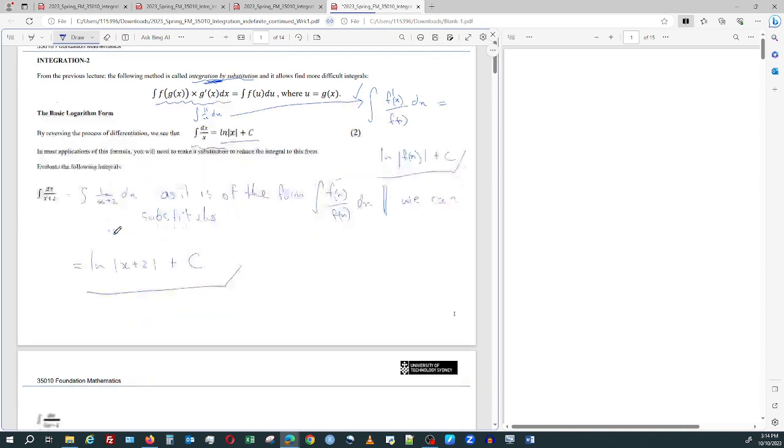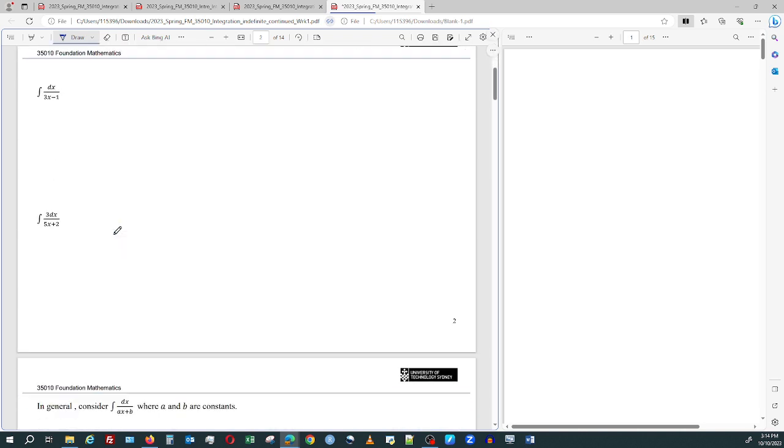Alright, so let's have a look at another example where we have the derivative. So this one here, we'll write it just as a bit of pre-work, just because we can. The integral of 1 over 3x minus 1 dx. Now, is the derivative of the denominator on the numerator? And of course the answer is no. So we have to come up with a solution.